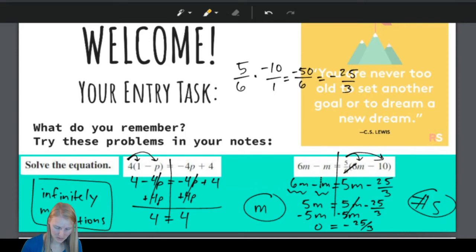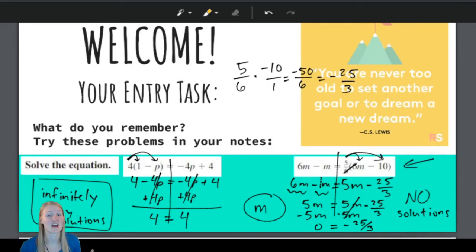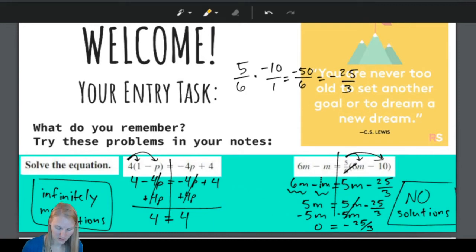No. So the answer to this is no solutions. No matter what you plug in for m, this equation will never work. It will never be equal. So, our answer is no solutions.